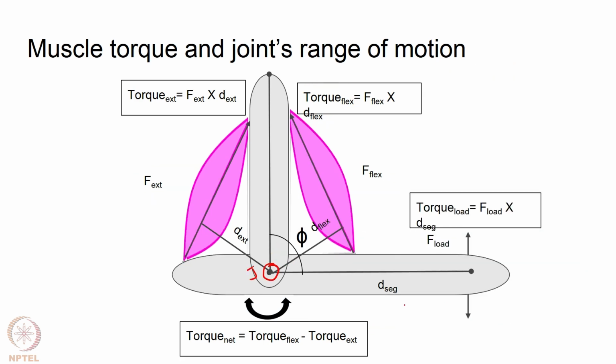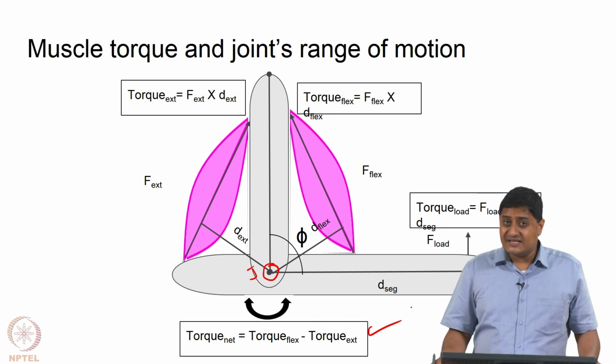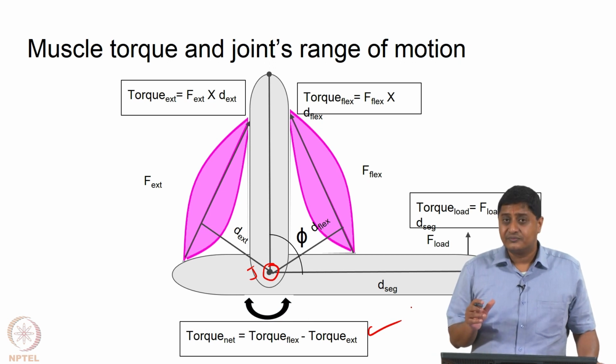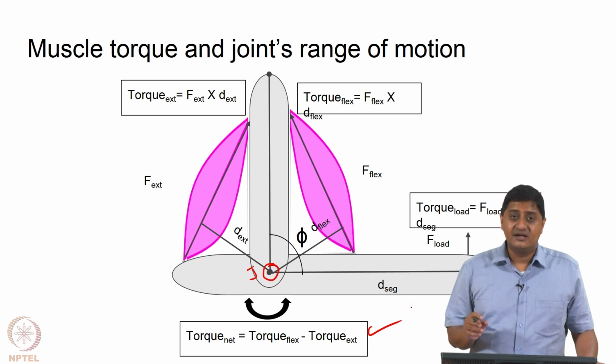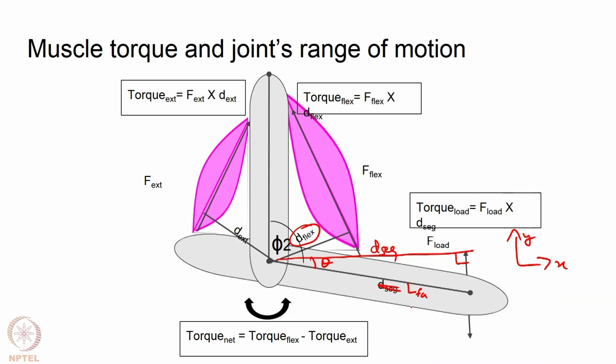Once again, the net torque is basically the vector sum. In the case where there is no load or the forearm is considered massless, we will have to change the equation depending on the situation. That is the situation with the joint torque case.